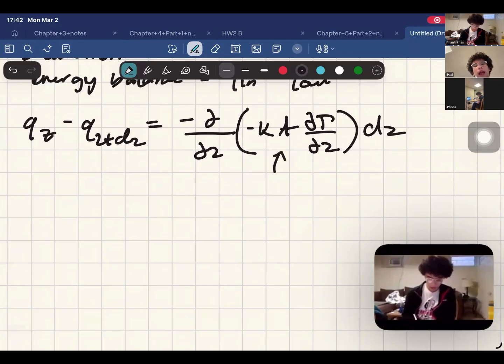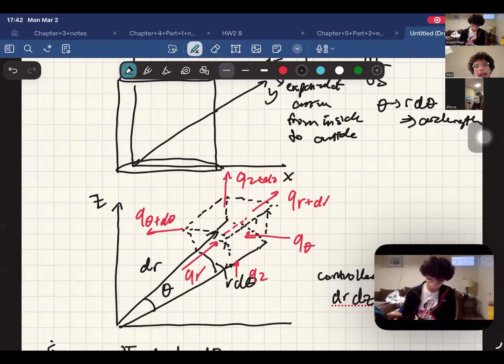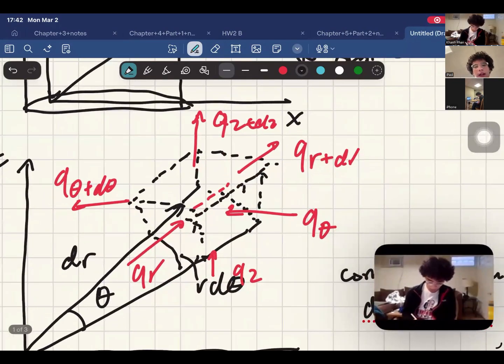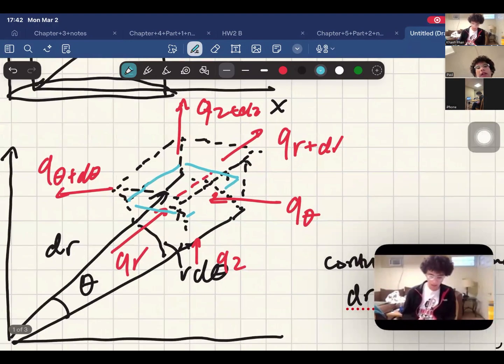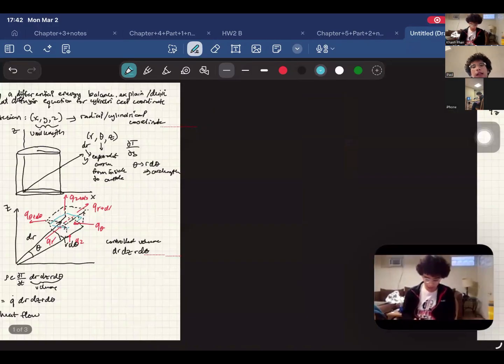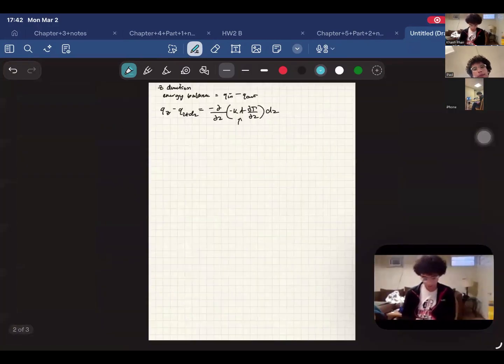So we know the area, so let's go back here. The cross-sectional area is this piece, in a different color. This piece has a length made up of the arc length r d theta and dr itself, the radius.